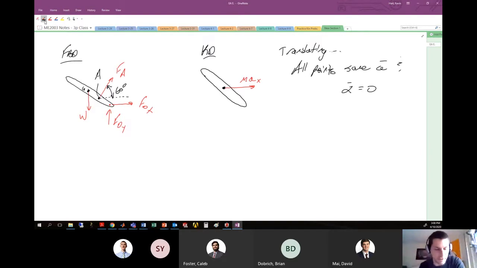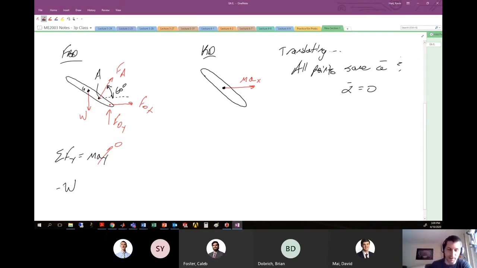First things first, it's probably easiest to start with the forces in the y direction because we have no acceleration in y. So let's start with forces in the y direction equals mass times acceleration in the y. Well, we know this mass times the acceleration in the y is 0. And then the forces that we have in the y direction will be equal to the weight, obviously. And this is acting downwards, so negative.